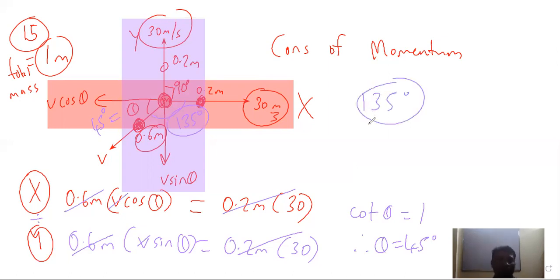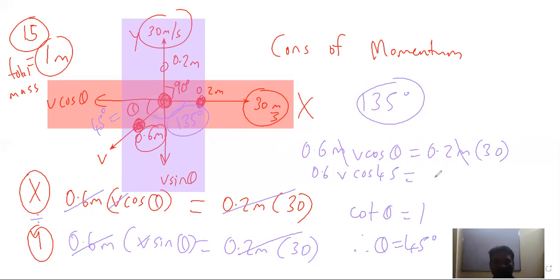Let us find the velocity v. Let us substitute the value of theta in this equation. In the x equation, 0.6 m v cos theta is equal to 0.2 m into 30. m cancels, and we have 0.6 into v into cos 45 equal to 0.2 into 30, which comes out to be 6.